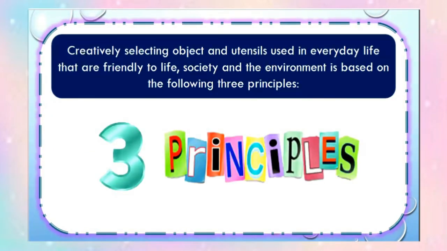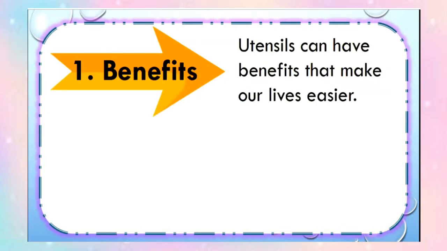Creatively selecting objects and utensils used in everyday life that are friendly to life, society, and the environment is based on the following 3 principles. So when we select objects or utensils, or when we buy or choose something, we should have these 3 principles. The first one is benefits.